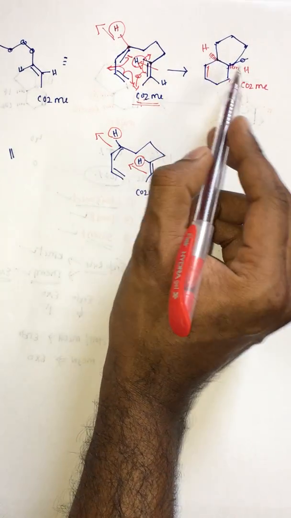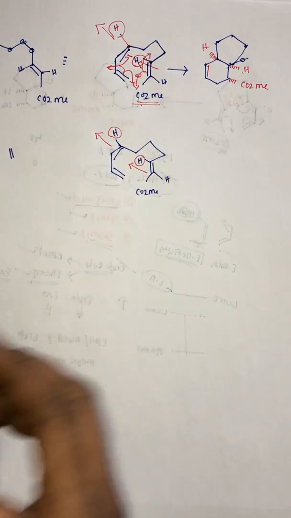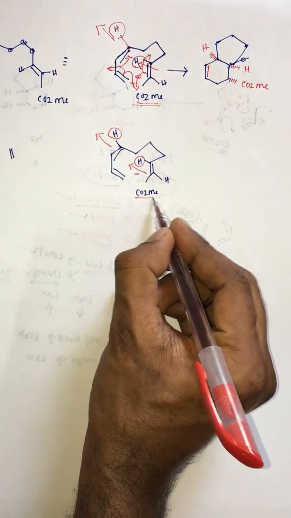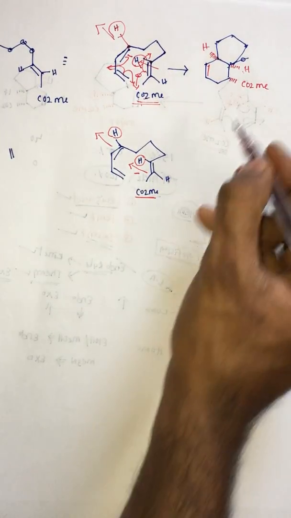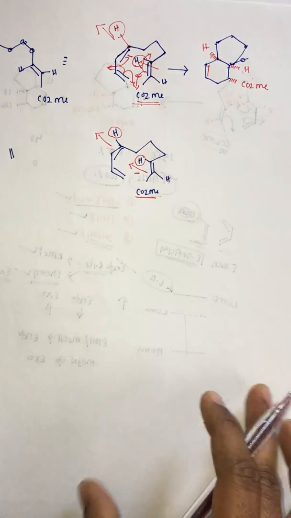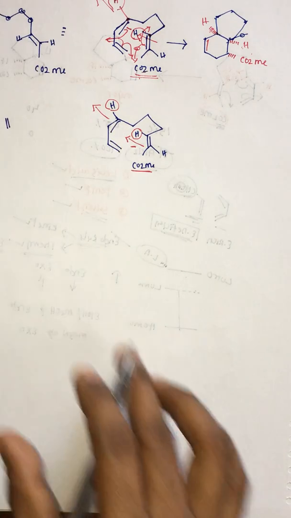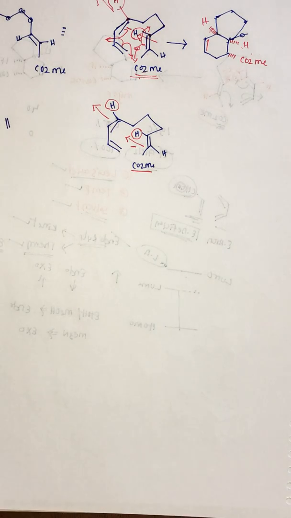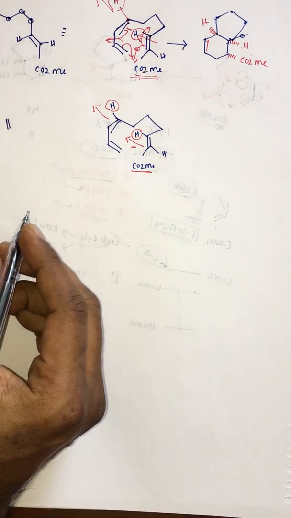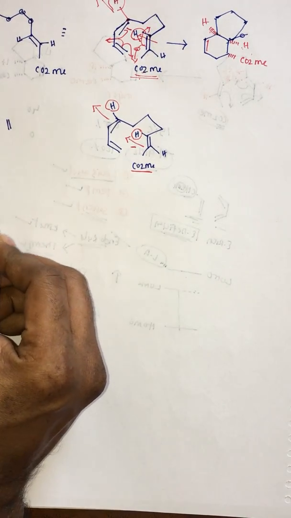Because of that, they both came in the same direction, and this hydrogen and this CO2Me, they are cis to each other. So this is the product in this case. And next we have another example.